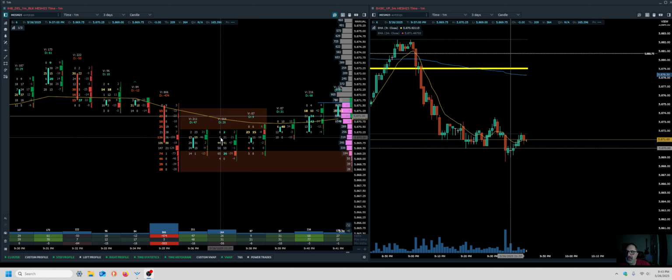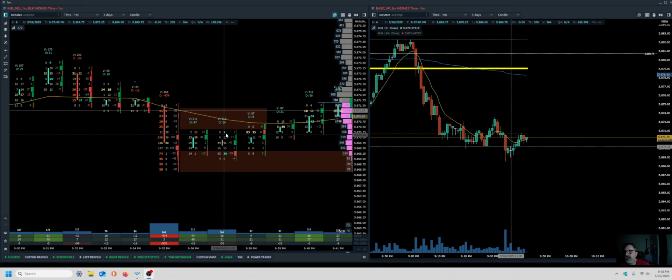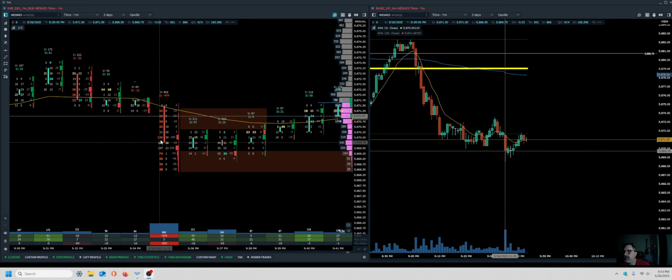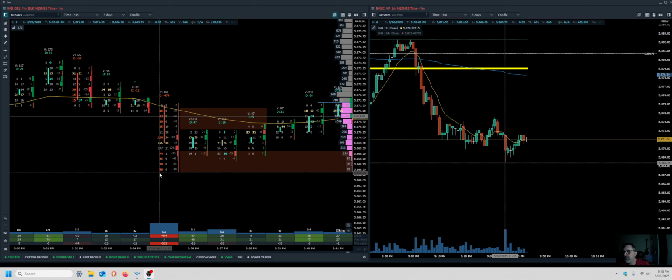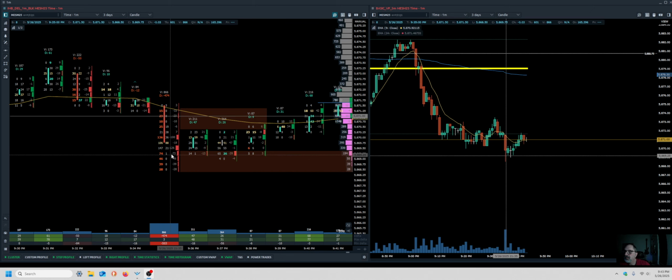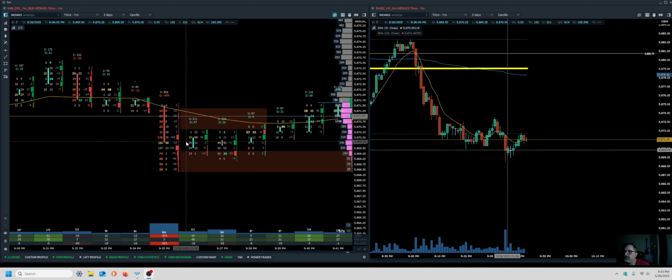For buying, it indicates buying pressure or potential support. For selling, it'll be selling pressure or potential resistance. So let's see how this actually works in real time.